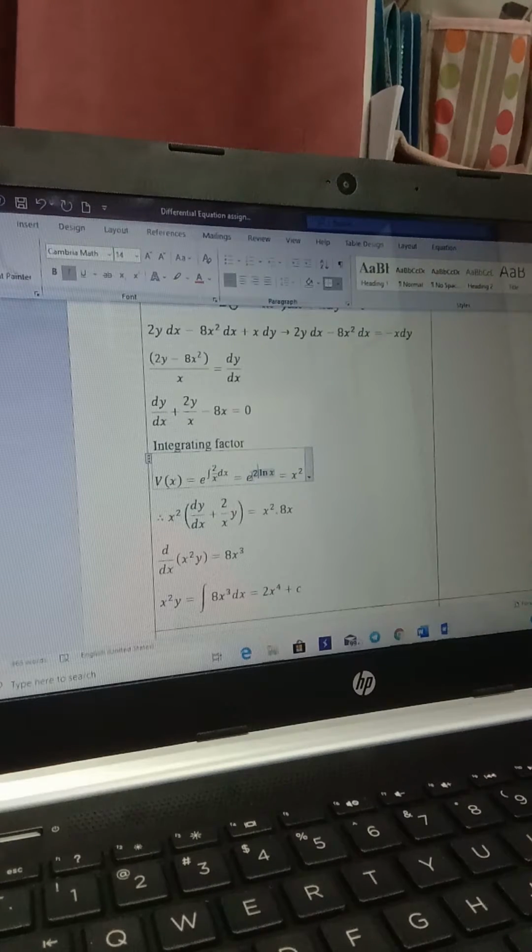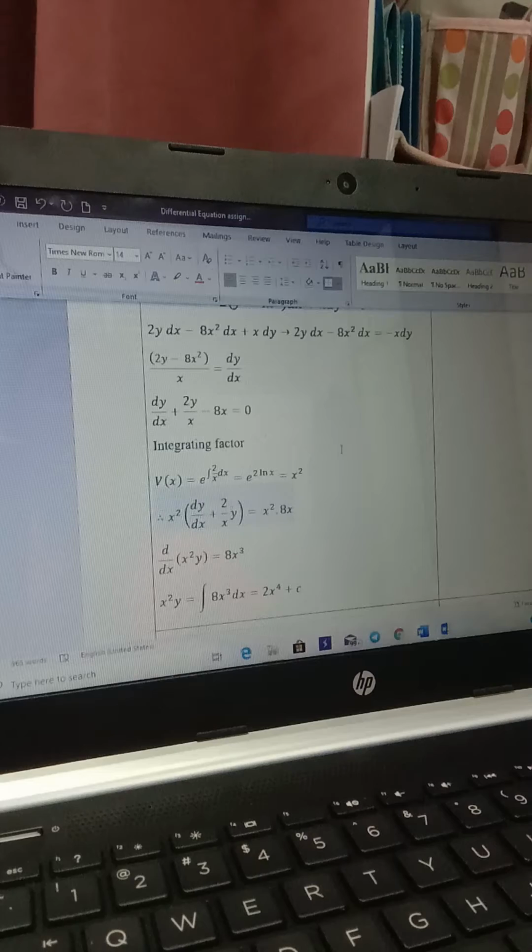Then it will become x squared, because ln and the exponent cancel each other. But for this one we use the log rule, so it will not directly look like 2x, but x squared, because 2 is a constant, it will be the power.